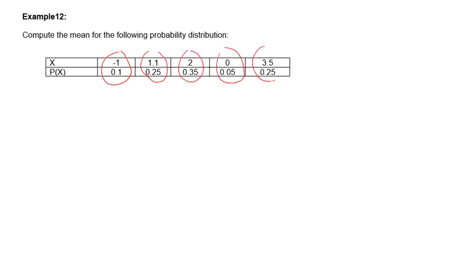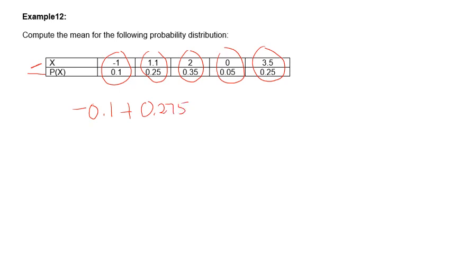That's our first step. Outcomes get multiplied to respective probabilities. We get negative 0.1. And then you're going to be adding these things up.